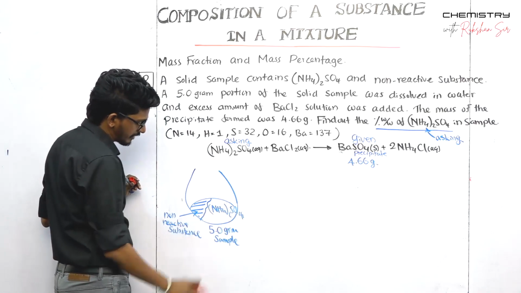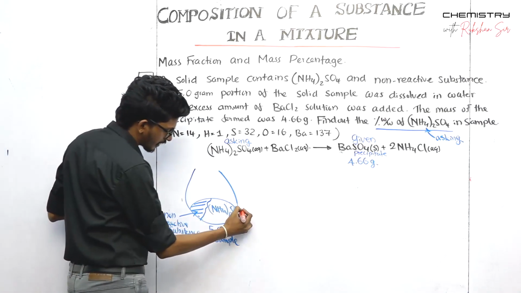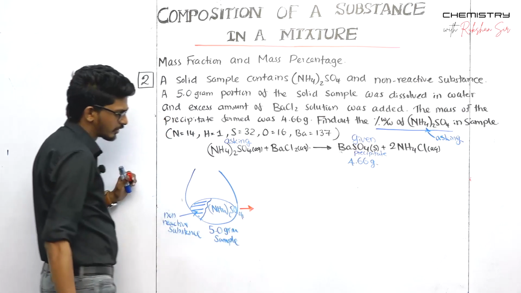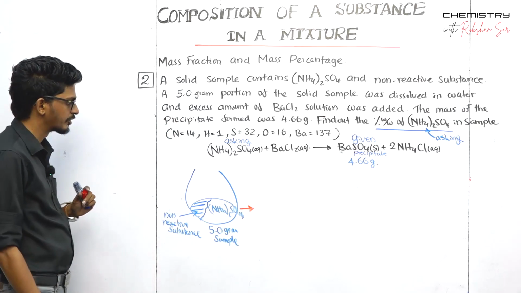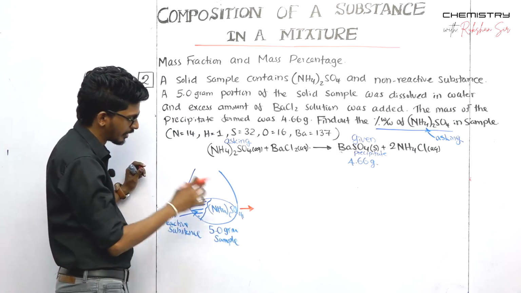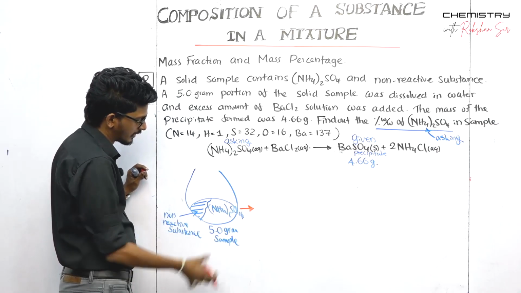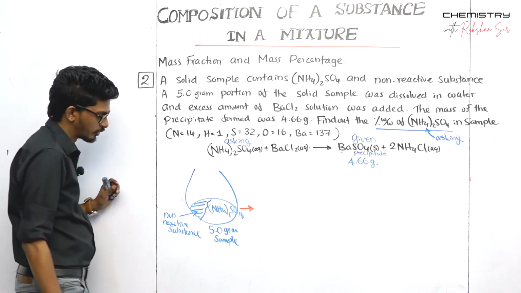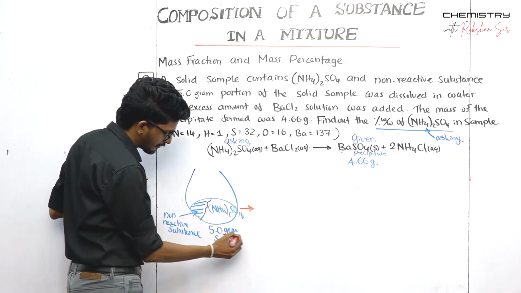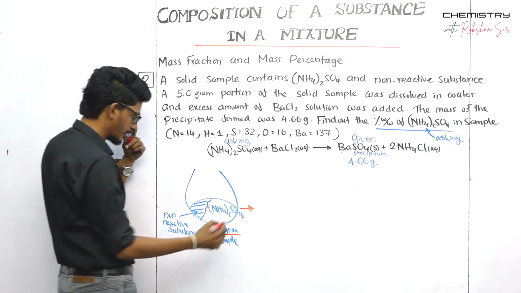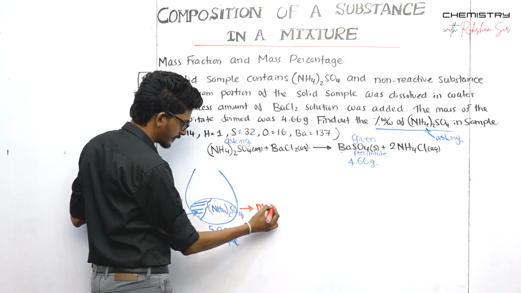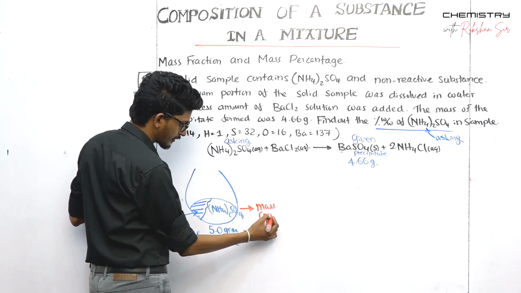For the ammonium sulfate weight percentage, first you need to come up with the mass of ammonium sulfate. Basically, the mass of ammonium sulfate divided by the mass of the sample, into 100%, gives the weight percentage. As the sample mass is given in grams, we need to find the mass of this also in grams.